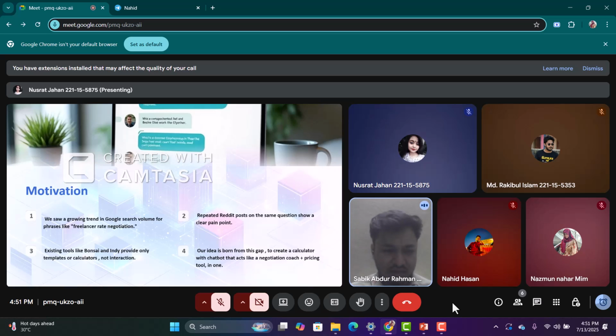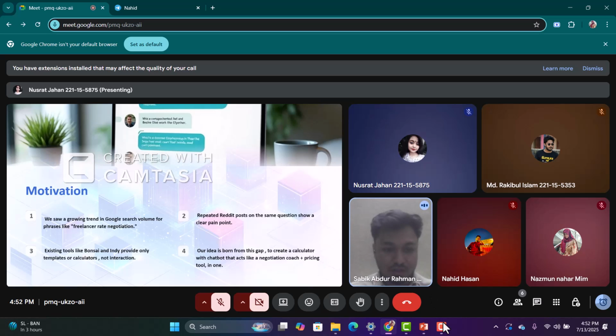The third line is about existing tools like Bonsai and Indie that provide only templates and calculators, but not interaction. Surely platforms like Bonsai and Indie exist, but they are static because they offer calculators and templates, but no guidance for conversation to help someone actually navigate.